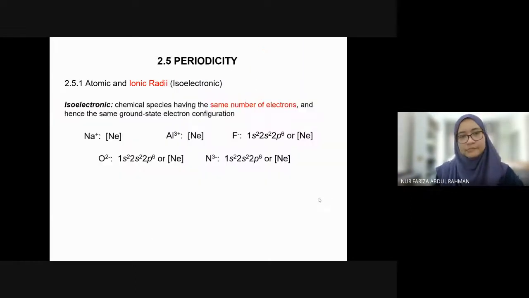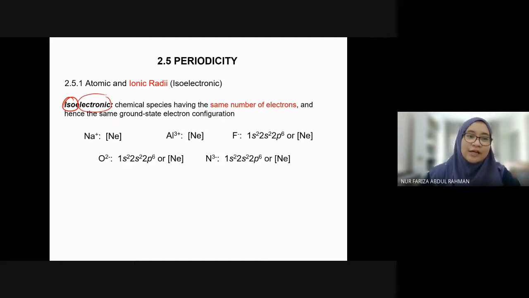Alright, so next term we have isoelectronic, guys. Isomer, isothermal, anything that involves iso means same or similar. Electronic comes from the word electron.